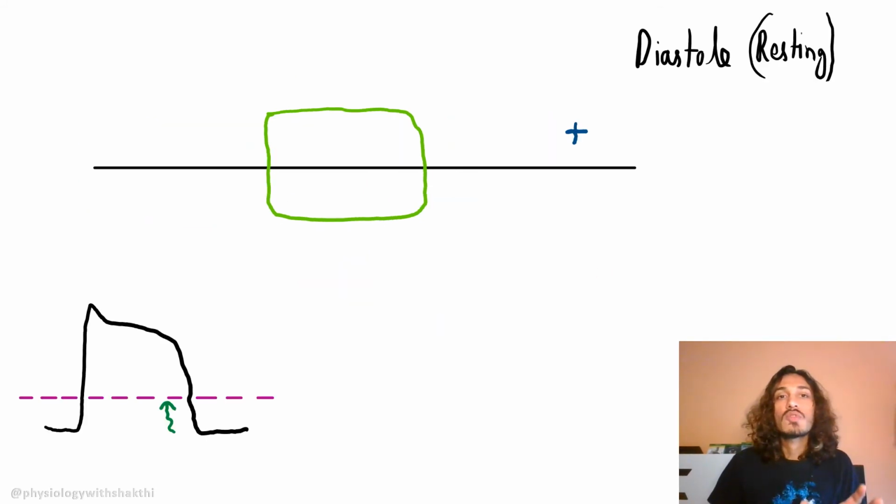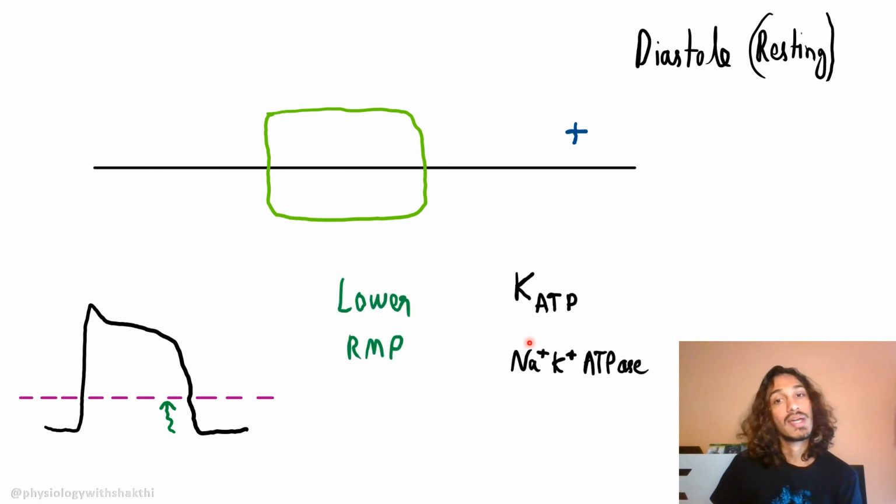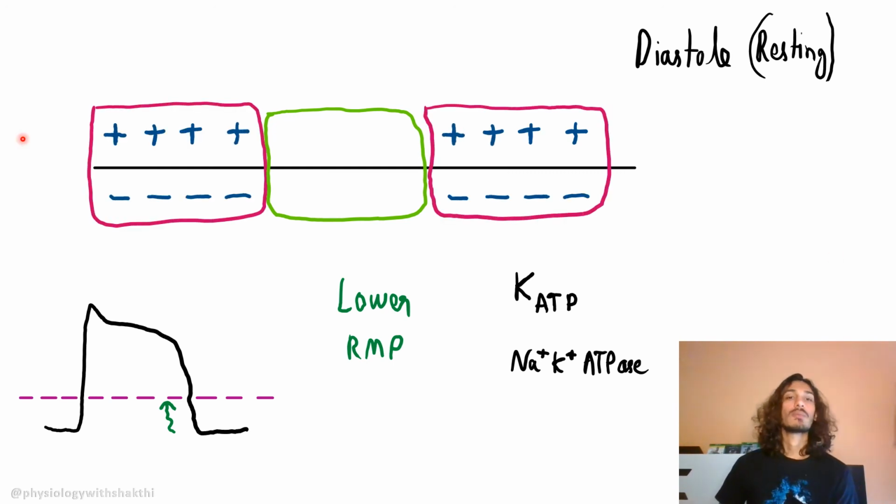Now let's come to the state where it is at rest. In diastole, after repolarization, it is now resting, where it has reached the resting membrane potential. We already know that the resting membrane potential decreases. Why? Because of KATP, and the sodium potassium ATPase is lesser as ATP is decreased. So what happens normally during RMP?